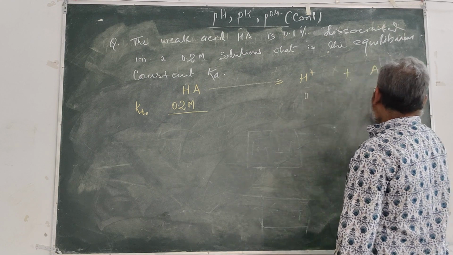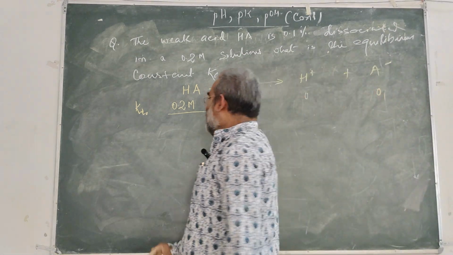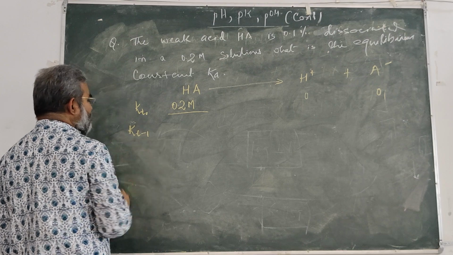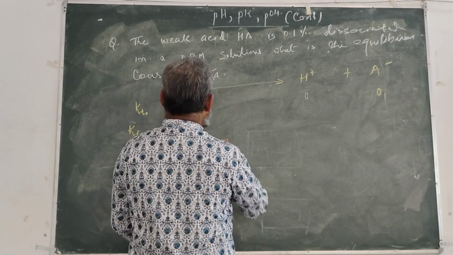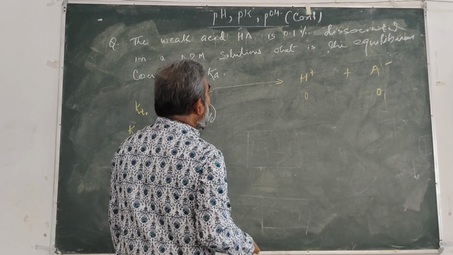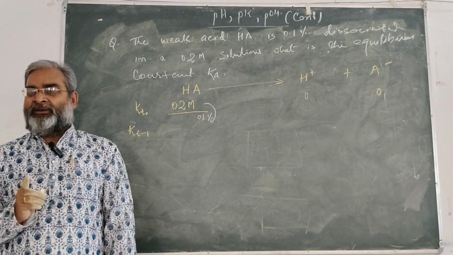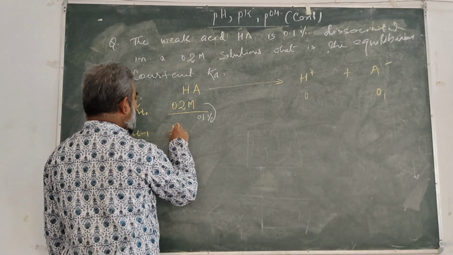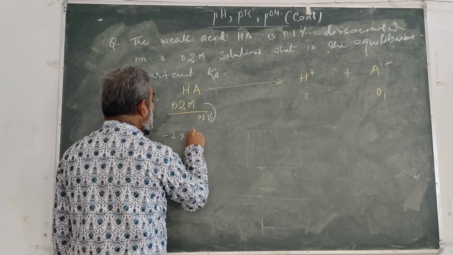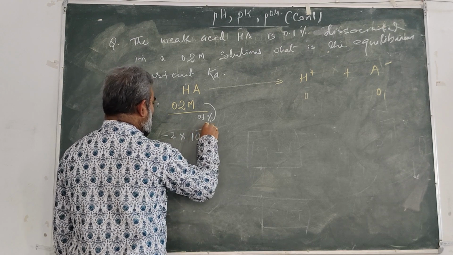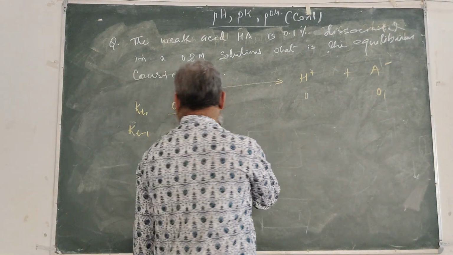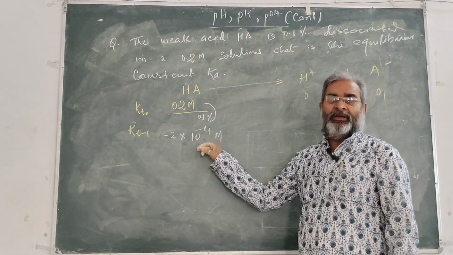That means here the product concentration is 0. But at the T minus 1, how many? 0.1% is converted, is dissociated. That is 0.2 into 0.1%, that is 2 into 10 minus 4 m.